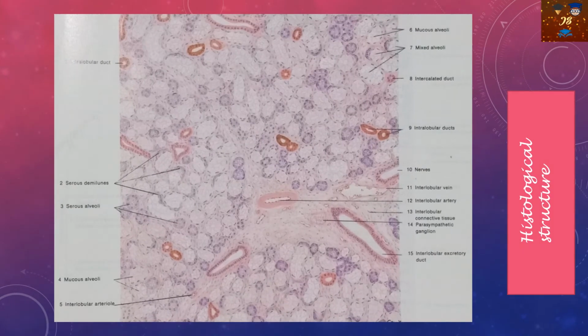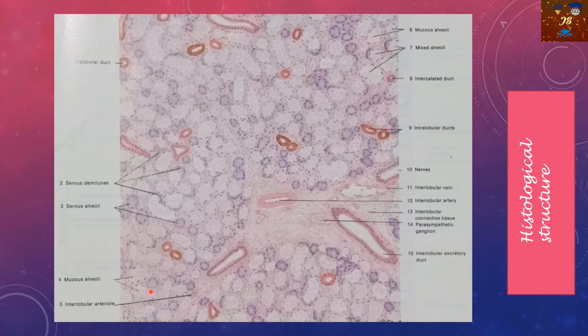Regarding the histological structure of the sublingual gland, first of all you will see the mucus alveoli or mucus acini. All these white parts you are observing are mucus alveoli. Look, mucus alveoli, and here also mucus alveoli.